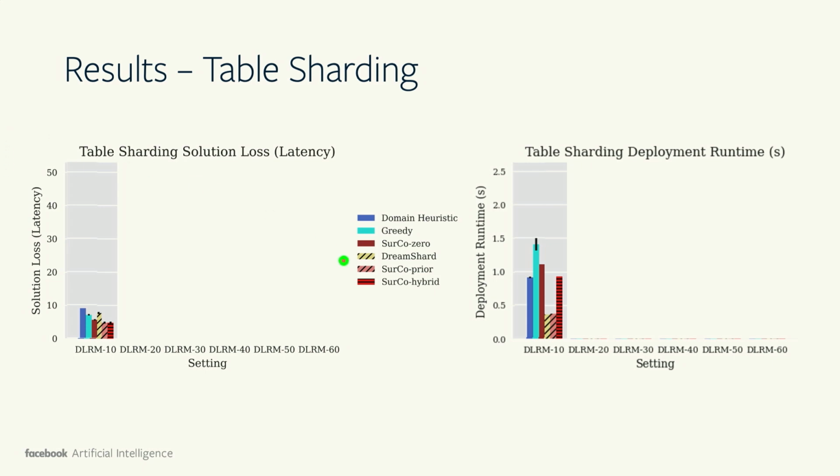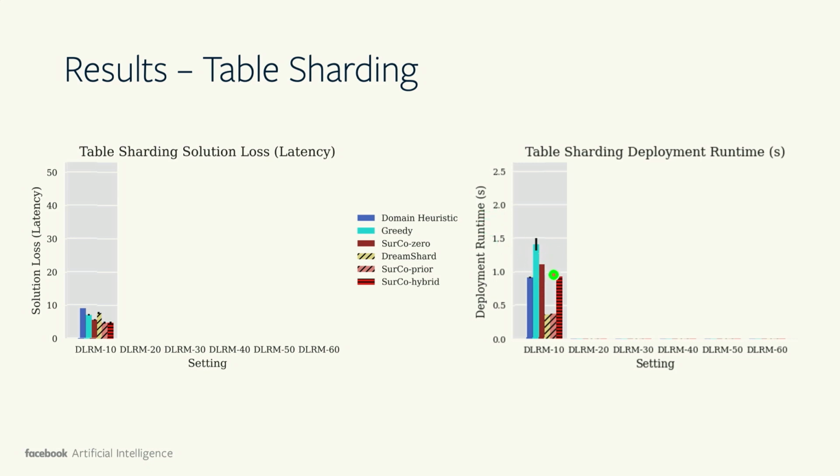If you check very small scale problems, for example you only have 10 tables, and you compare with the domain heuristic and greedy, SurCo zero does a reasonably good job. It has pretty low solution loss, and at the same time the speed is reasonably slower than the heuristic, but actually faster than greedy.